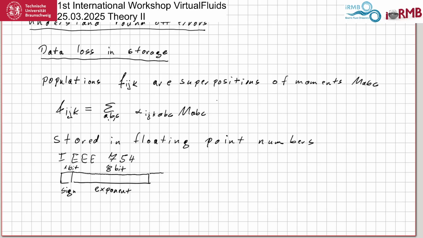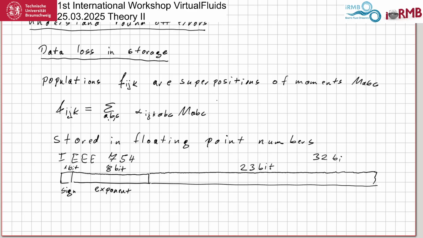Then we have 1, 2, 3, up to 23 bits. I don't know whether this was correct, but let's say this is 23 bits. Say this is a 32-bit float.